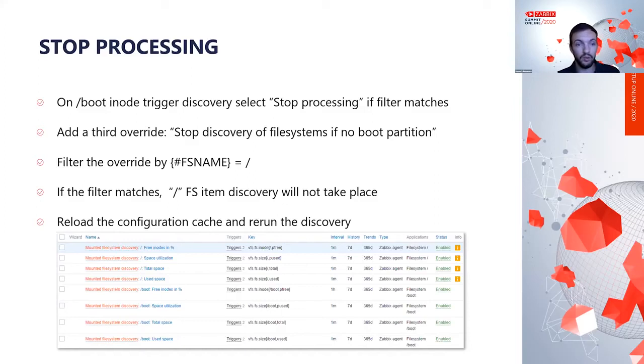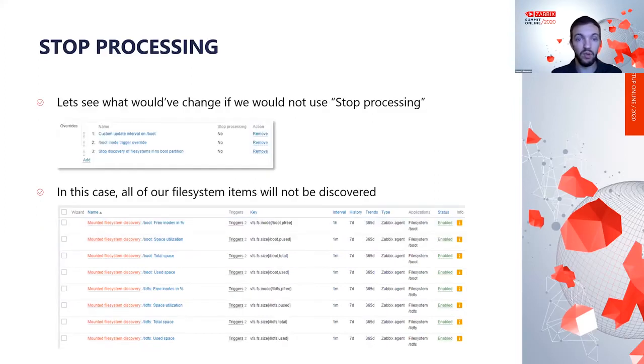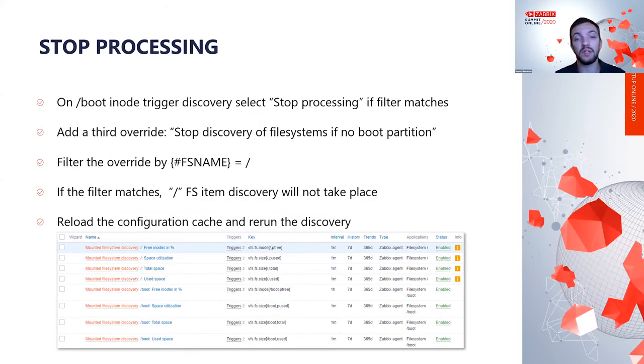All right, well, we're going to reload the configuration, rerun the discovery rule, and we will see that if we don't have any kind of stop processing for any of our overrides, then all of the items will not be discovered. But if we do have this particular override with override setting stop processing if filter matches, then in this case our second override, which matched boot file system, has matched and the processing has stopped.